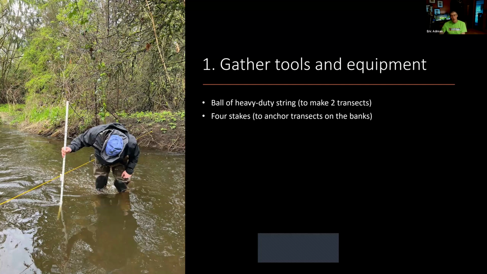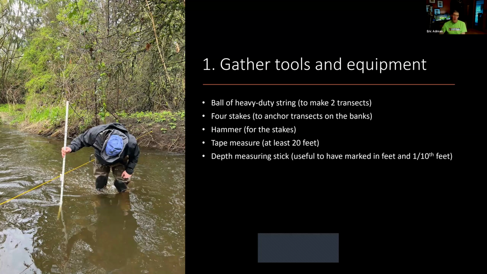You need some stakes to anchor it on both sides. You need something to pound them in. You need a tape measure to take some measurements. You need a measuring stick to measure the depth of the stream, and it's helpful to have it in feet and tenths of feet. So we have some measuring sticks that we've marked out in tenths of feet.